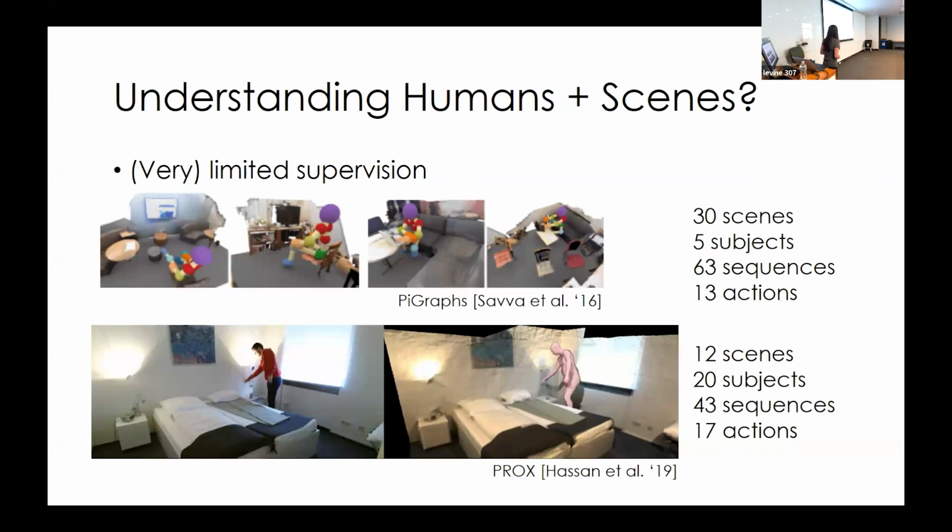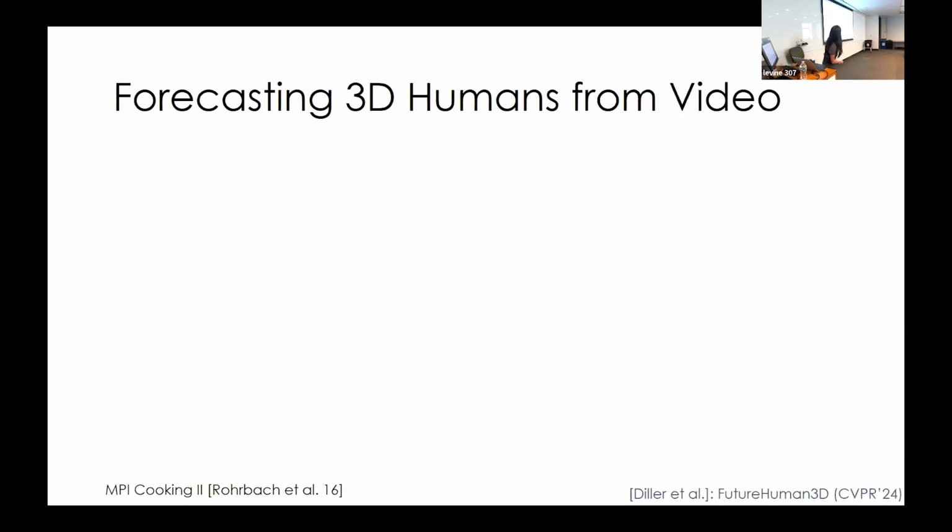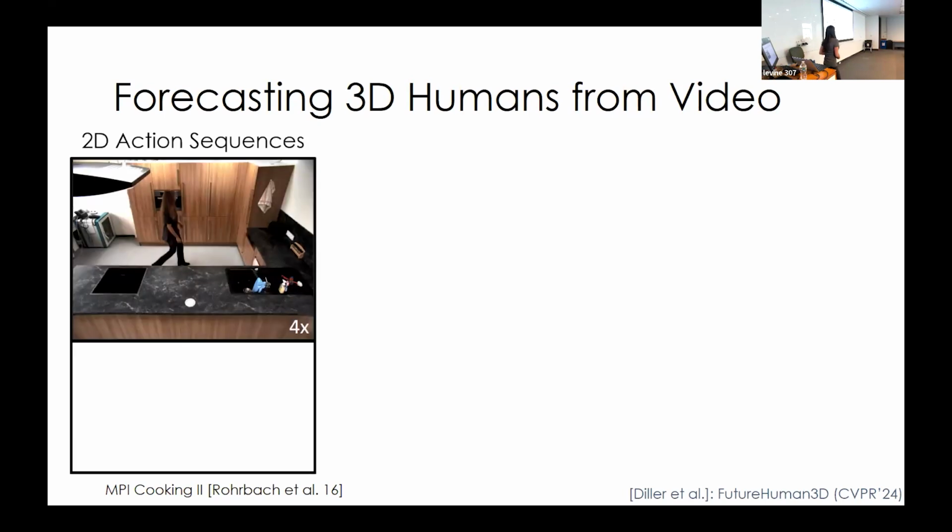We typically are working with data sets that are quite nice, but they're very small scale. So we usually have 10, 20, 30 scenes and the same number of subjects, with very limited types of interactions. I think one potential source of interesting signal is to learn from video, because you do actually have a lot of 2D videos that tell us how humans are moving.